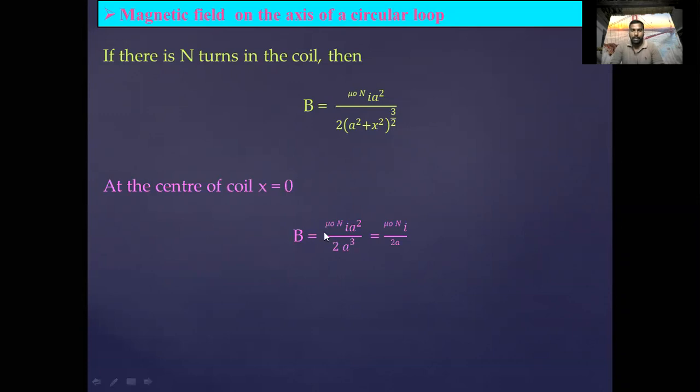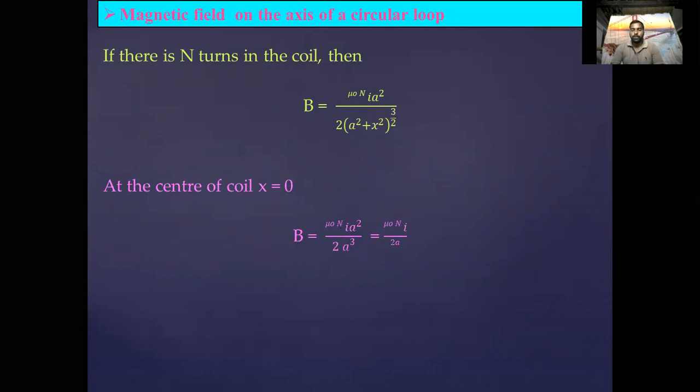That is B is equal to mu naught n I a square divided by 2 into (a square) to the power of 3 by 2, since x is equal to 0. Square cancels, that is the power 3 to 3. Now a square and a square cancel, a remains. B is equal to mu naught n I divided by 2a.